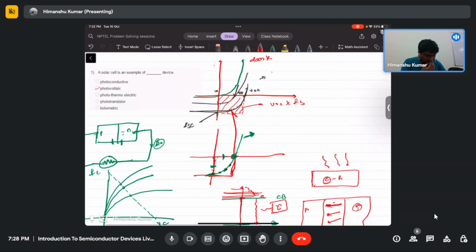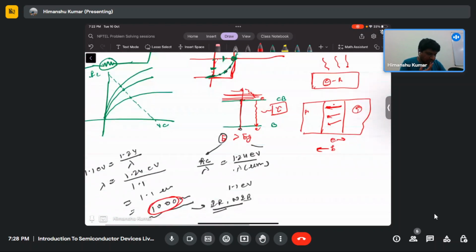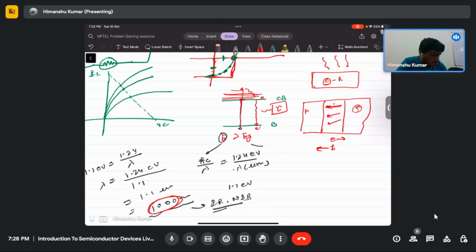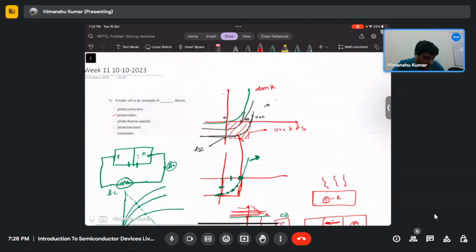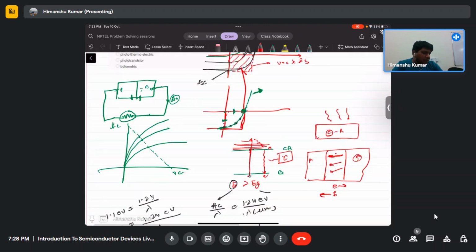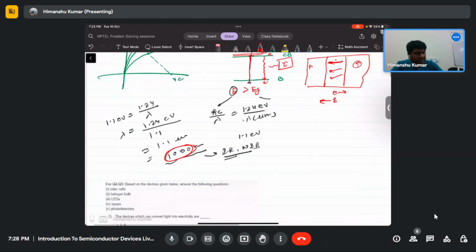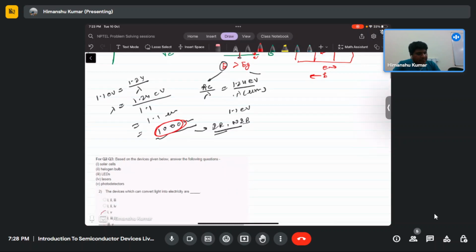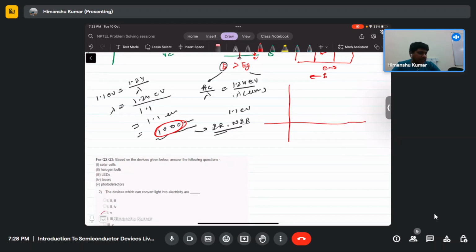So this was the basic fundamental idea of using the PN junction for solar cells or photodetectors. Solar cells and photodetectors are quite similar devices, but the targets are different.